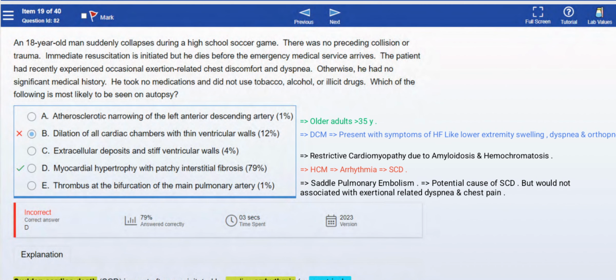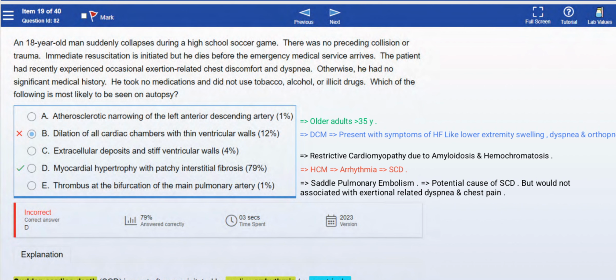Okay, why not the other options? Option E, atherosclerotic narrowing of the left anterior descending artery, would occur in older adults, right? But in this case, it is a young man. That should be greater than 35 years. Why not option B, dilation of all cardiac chambers with thin ventricular walls?